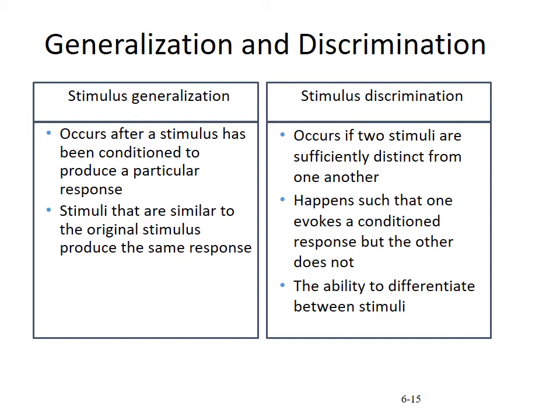So stimuli that are similar to the original stimulus produce the same response. So that's stimulus generalization. Stimulus discrimination would be, say little Albert is presented with a big brown dog and he's not afraid of it because it is sufficiently different from the little white rat which he was conditioned to fear. So that would be stimulus discrimination because the two stimuli are sufficiently distinct from one another.